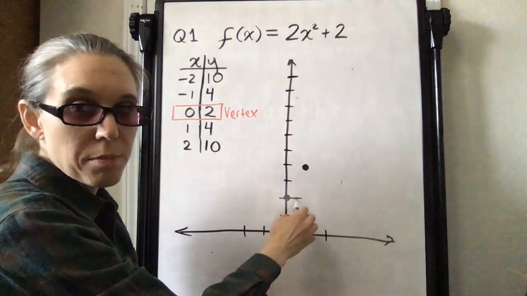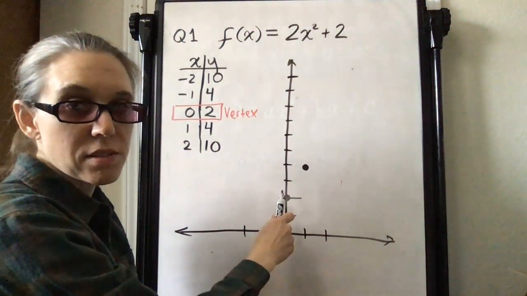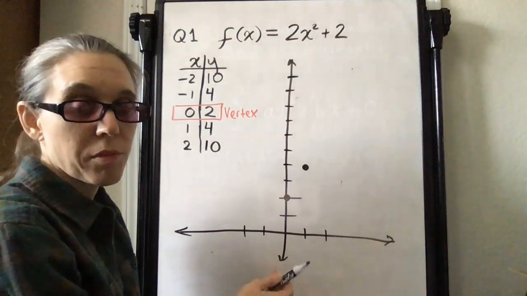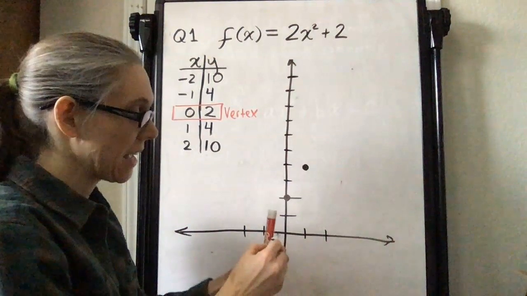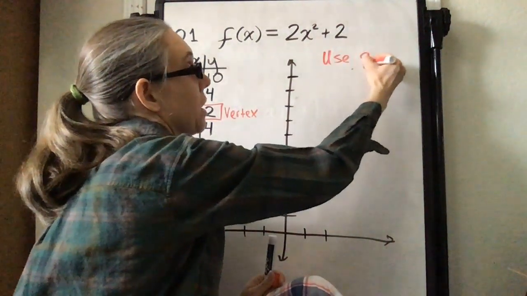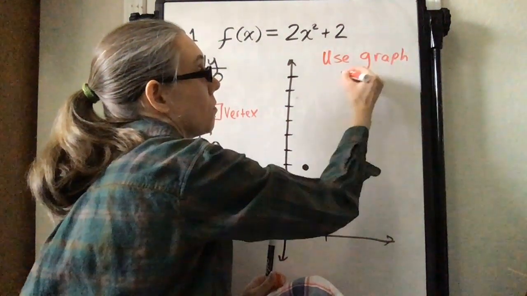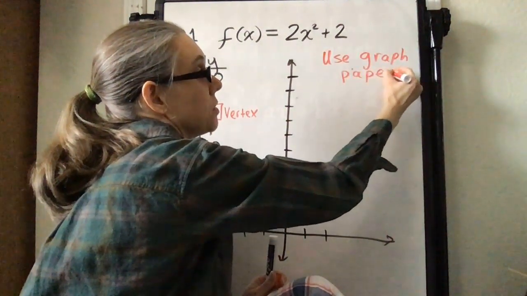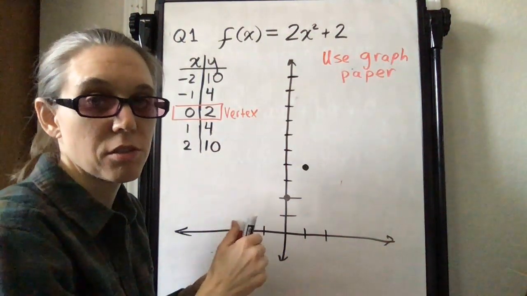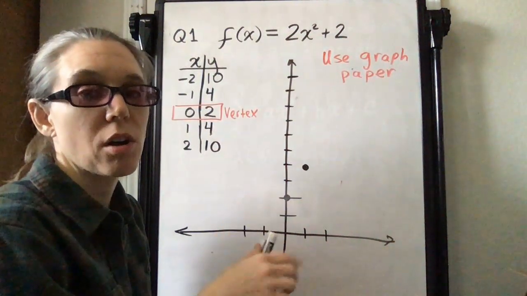On MyOpenMath, by graphing just these 2 points, it will be enough to make the graph correct. If it's a problem from the book that you need to graph by hand, make sure you use graph paper. For the book problems, make sure you use graph paper, and in that case, you would graph all 5 points.